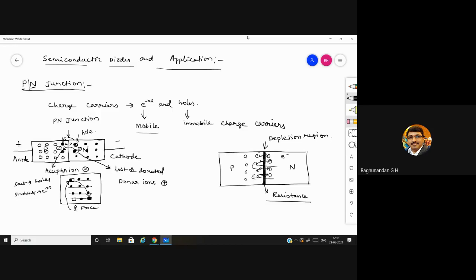Now we have a resistance, and I have told you the electrons and holes which are very near to this junction got exchanged. That means there is a small amount of movement of charges across this. What do you call the movement of charge in electronics?